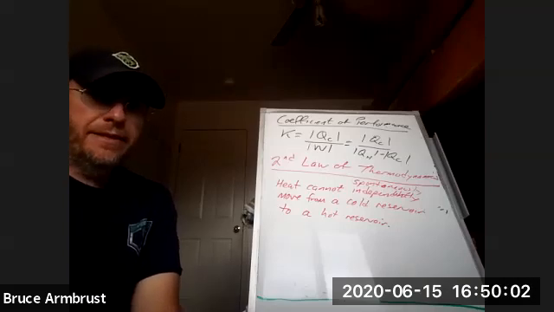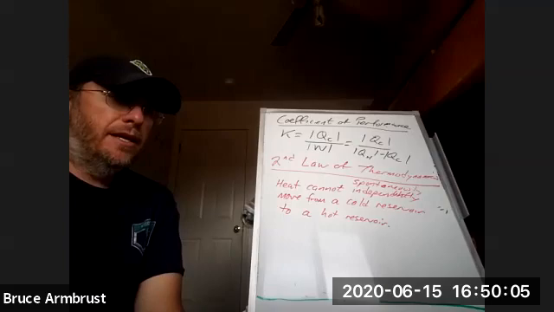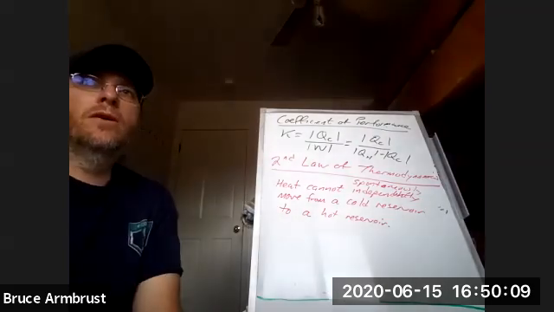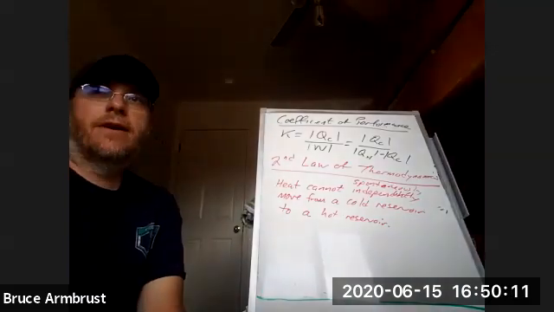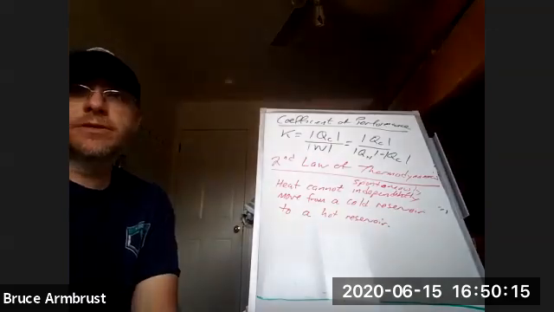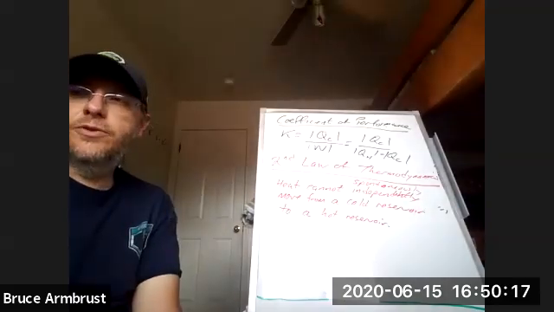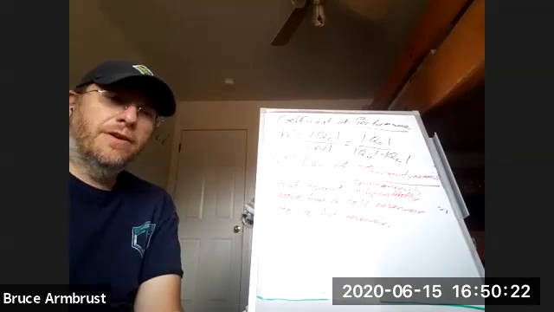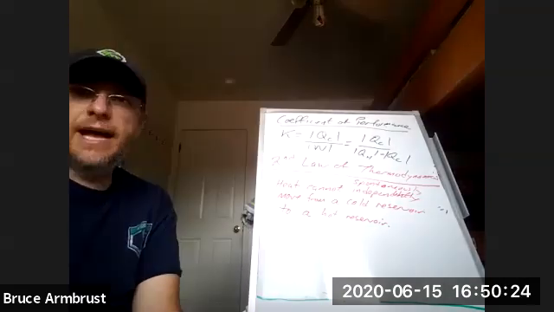So basically this says that heat transfer is one way. You can only take heat from a warmer source, so a higher temperature source, and give it to a colder temperature source. If you want to go the other way, you have to do work.